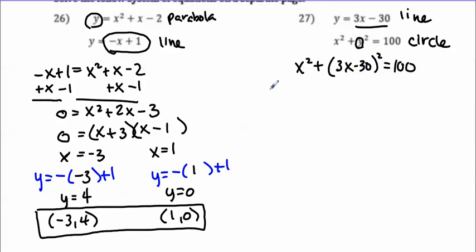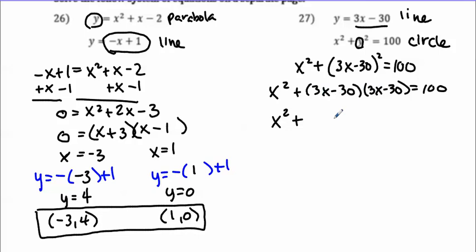You have to multiply it by itself. So I have x squared plus 3x minus 30 times 3x minus 30 equals 100. 3x times 3x is 9x squared. 3x times negative 30 is negative 90x, and I have another negative 90x here, so that gives me negative 180x, and negative 30 times negative 30 is positive 900.